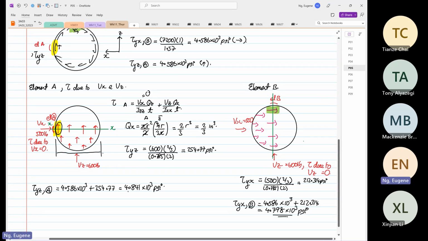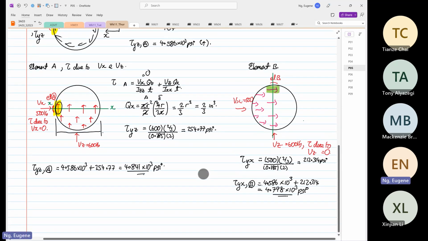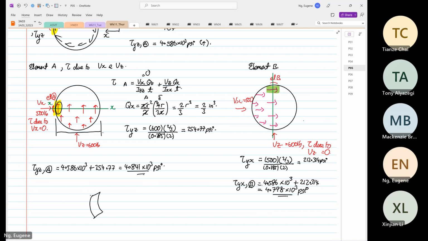It's the shear that is always the confusing one. So just to quickly finish off, if I were to draw element A, right? So it has a shear in this direction. So this is equal to 4.841 times 10 to the power 3.